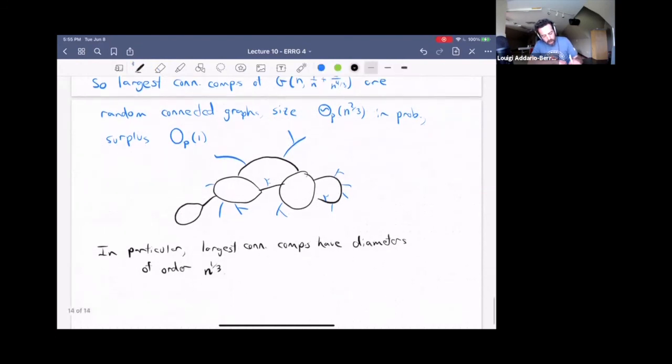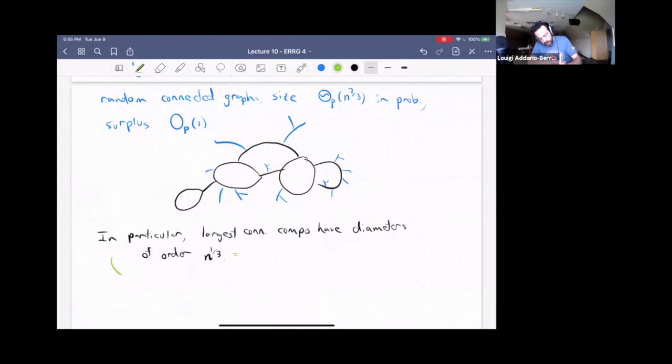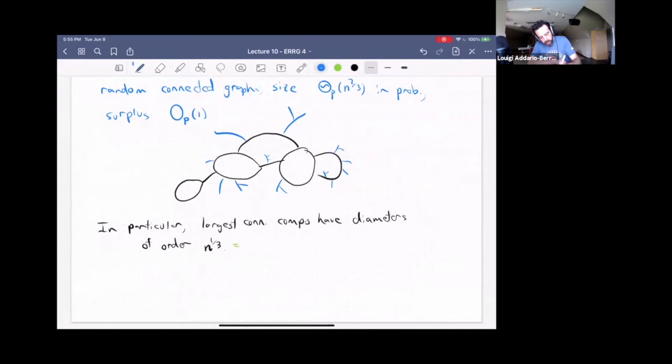This is a statement I haven't quite justified to you, but we saw that for trees and graphs of this form, the lengths of these paths and the lengths of these sticks were all of order square root of the number of vertices. So here, when the number of vertices is n to the 2/3, then the lengths of these sticks and paths will be of order n to the 1/3. This is a trivial comment, but the point is that this is the square root of the number of vertices, square root of n to the 2/3.